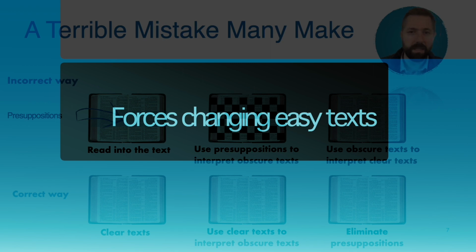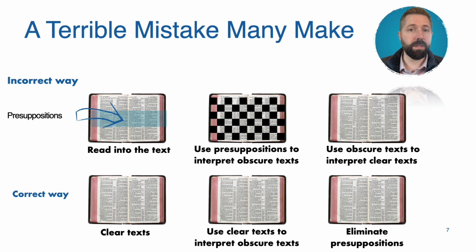Do you see how that could be very problematic? You're going to make things sound different to fit your presuppositions because that's how you believe the harder texts of Scripture are actually interpreted. And so I think that's a miss.